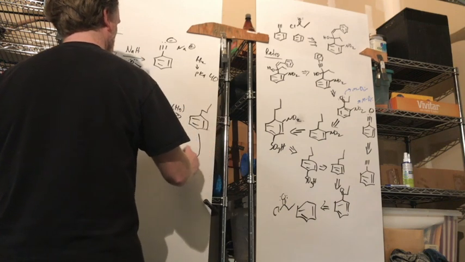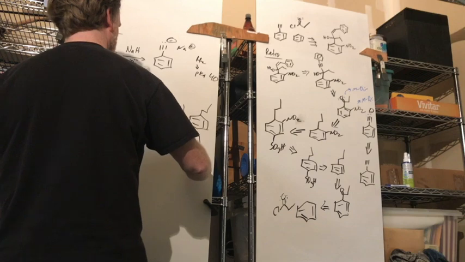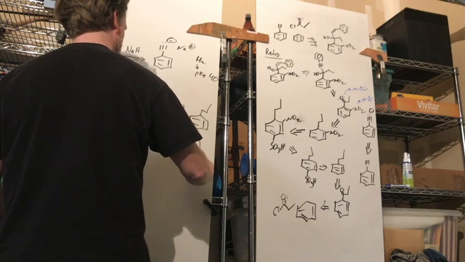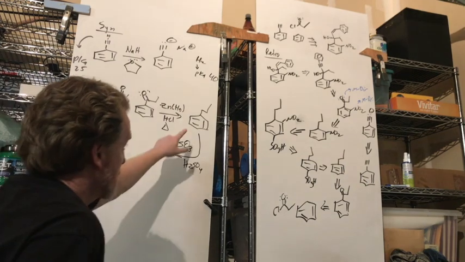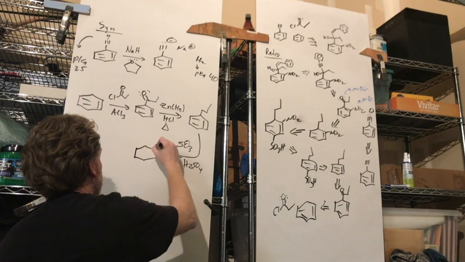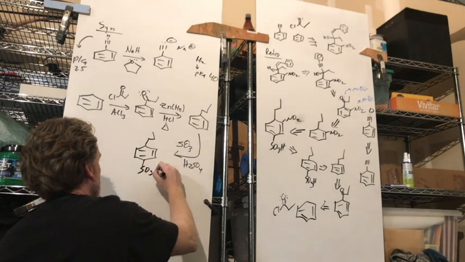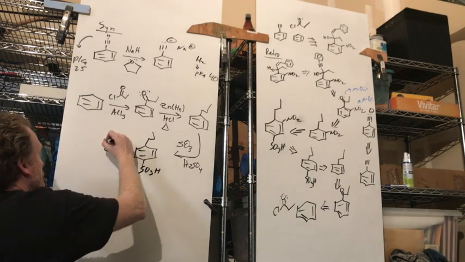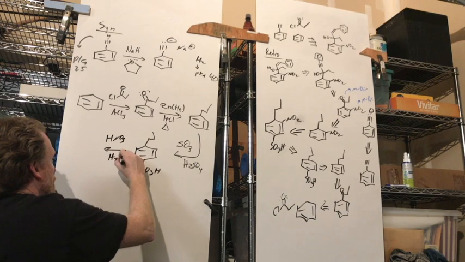And now we're going to block the para position, fuming sulfuric acid. That's the para director. Has more steric hindrance than just a methyl, so it's going to produce more para. Then we can add on the nitro group, just ortho.